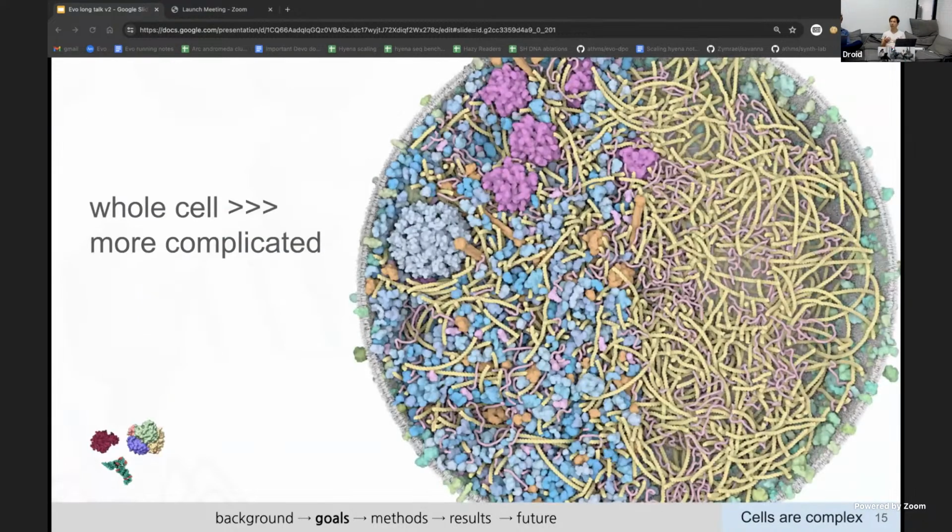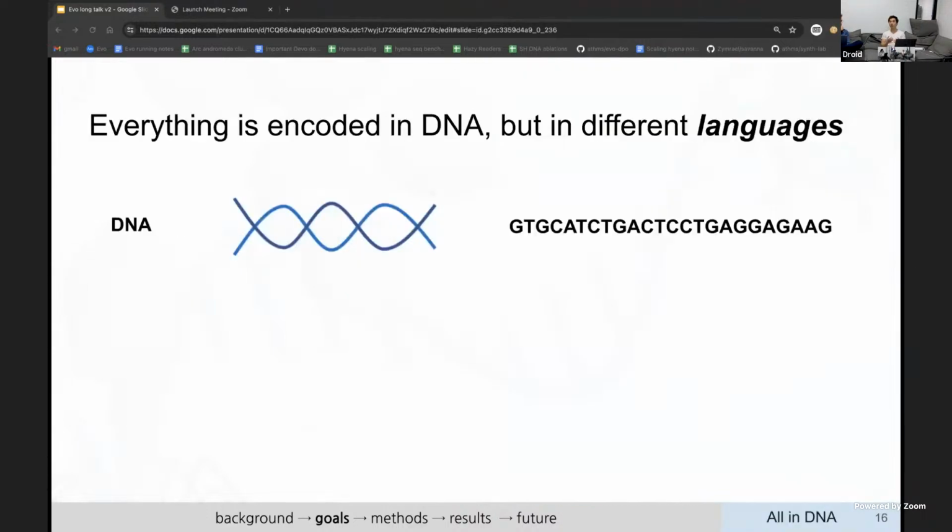And so when you try to, for example, model whole cells, right? The cells are made up of these molecules, and then to whole organisms, right? Then it's orders of magnitude more complex than these single molecules. And so it's pretty daunting to say the least. But fortunately for us, in our approach, everything is encoded in DNA, right?